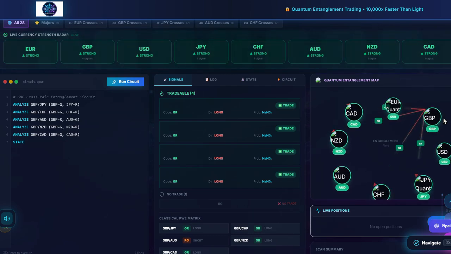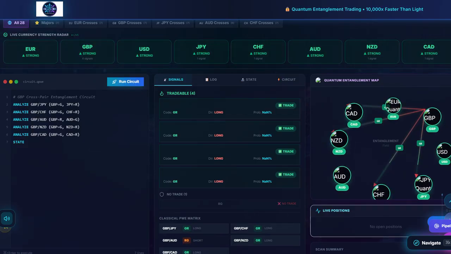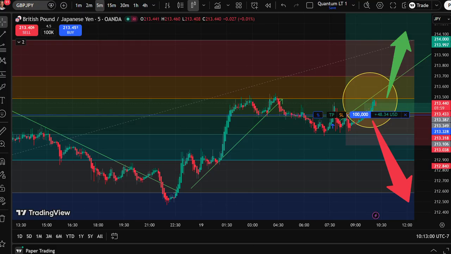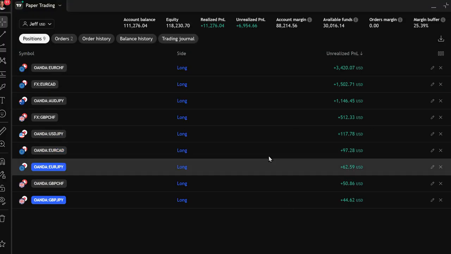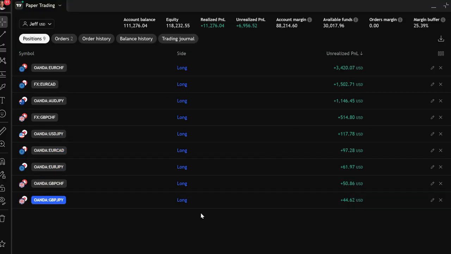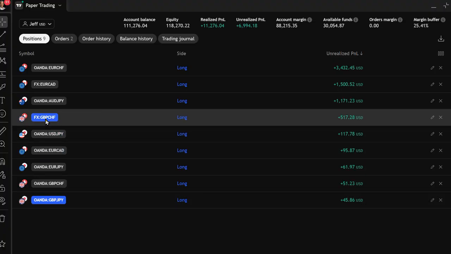Look at this. Pound is leading the pack, right? If you look at this, I'm going to block this. There you go. All these trades, all going long. How did it find out, right? How did it know? Is it quantum?